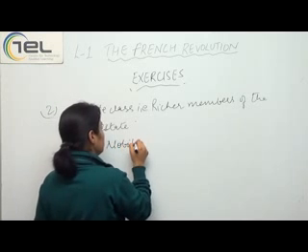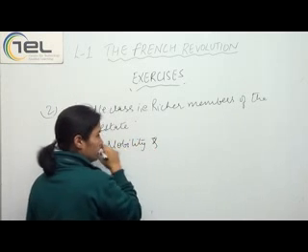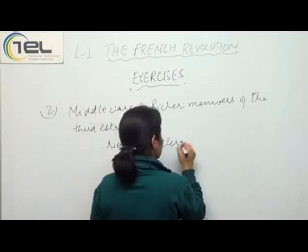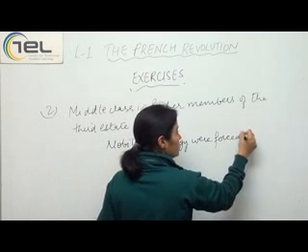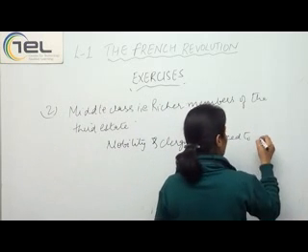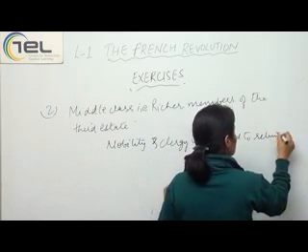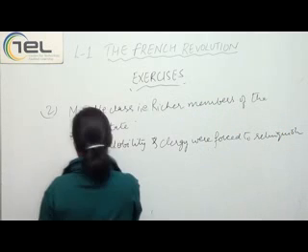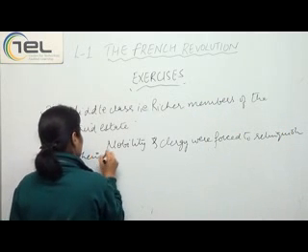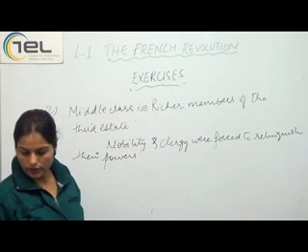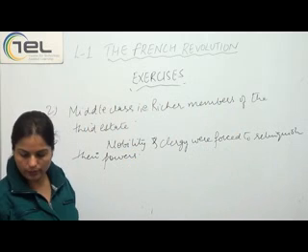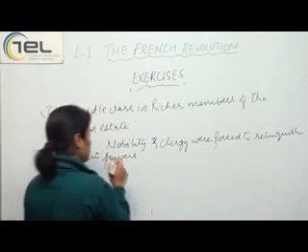Second part, which groups were forced to relinquish power? Nobility and clergy were forced to relinquish their powers. Then third part, which sections of the society would have been disappointed with the outcome of the revolution?